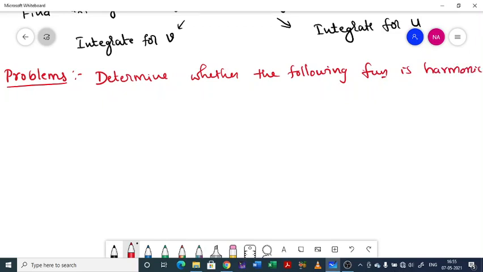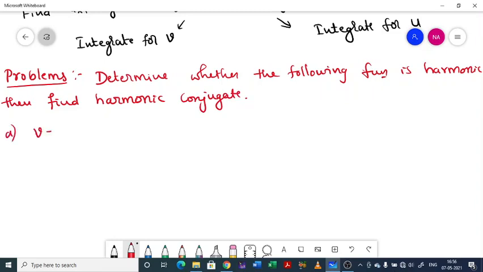Then find the harmonic conjugate. Problem A.